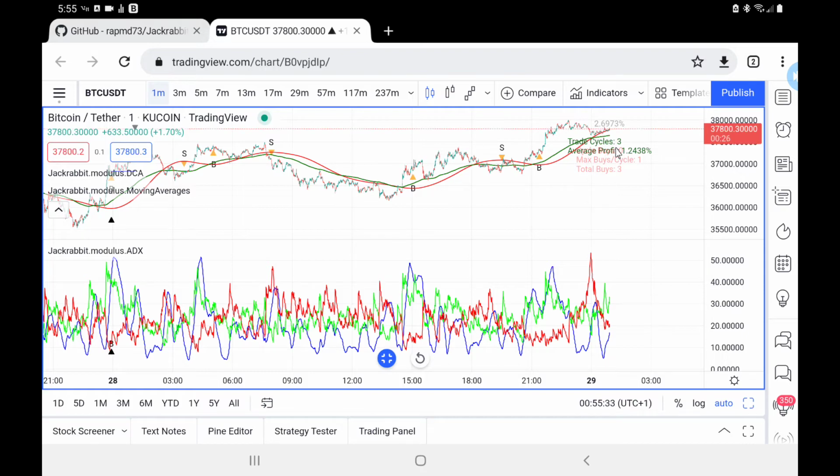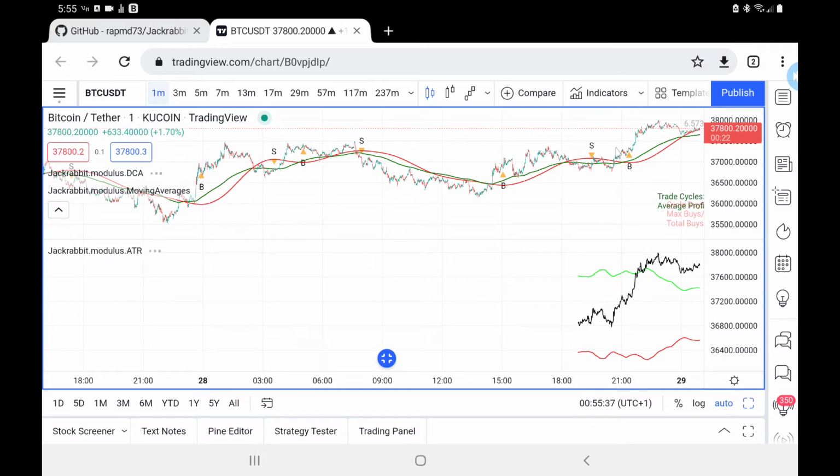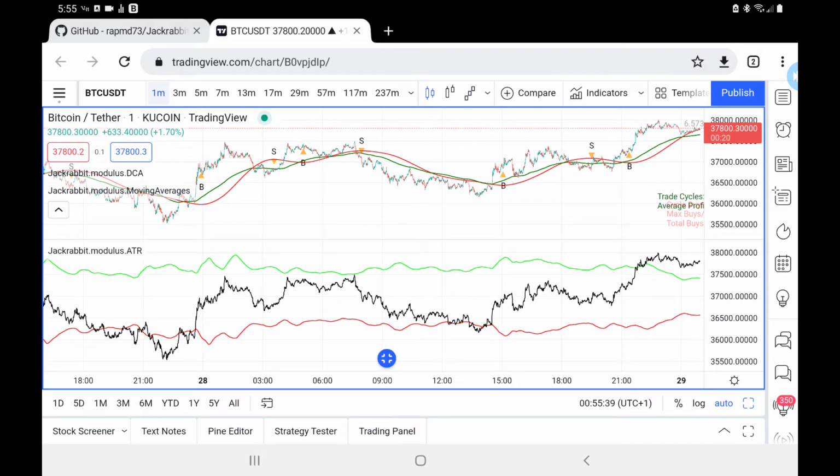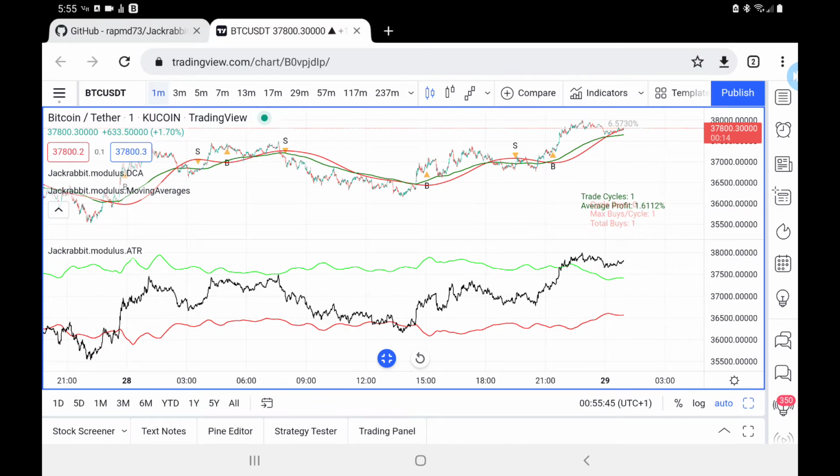Okay, on to the next one. Okay, ATR, very limited, very restricted. Only one trade, excuse me, for the entire 3.5 days.